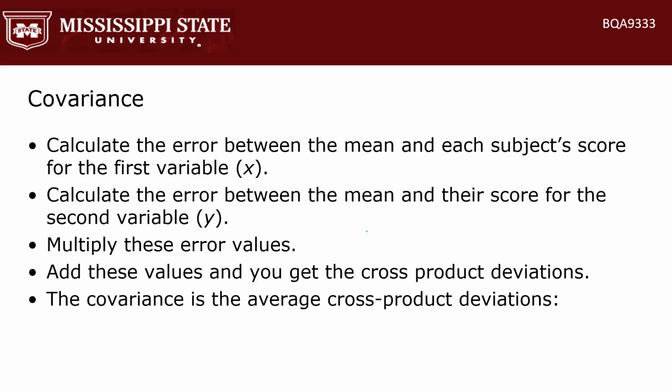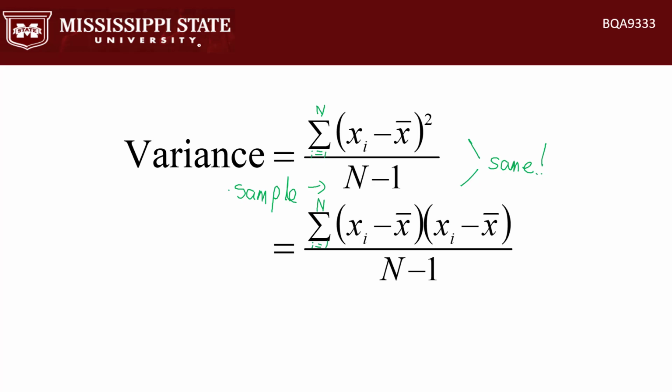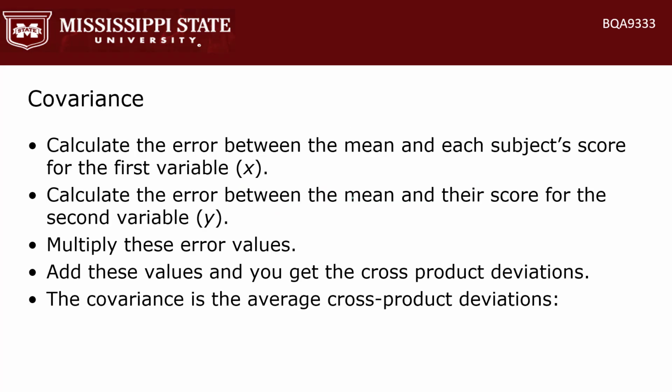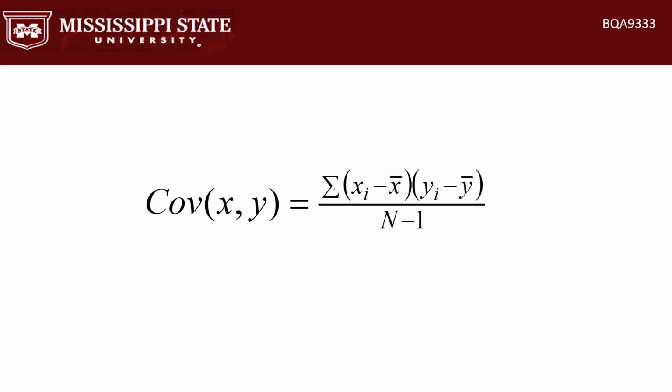Now, covariance is basically looking at this, and it almost takes half of this. It's looking at how different the x is from the mean relative to how different the y is from the mean. So let's look at the covariance equation.